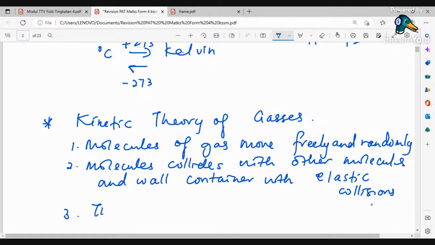And then there are bonds between molecules, daya ikatan bond.